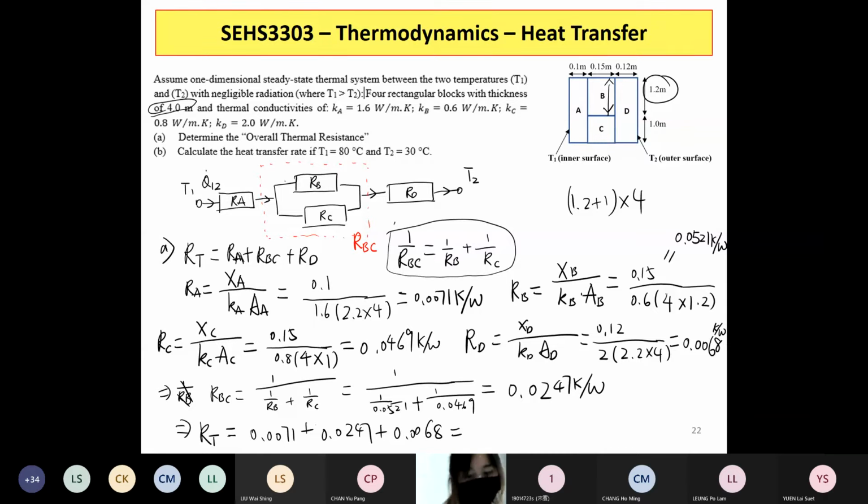Okay, what's the result? 0.31... Is the result right?